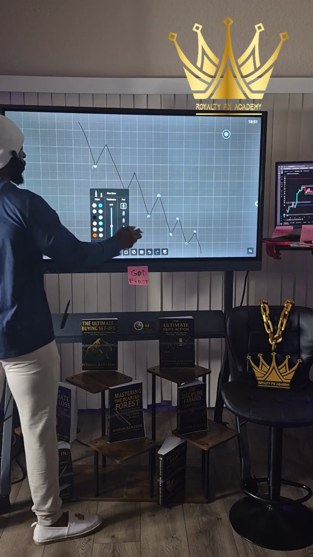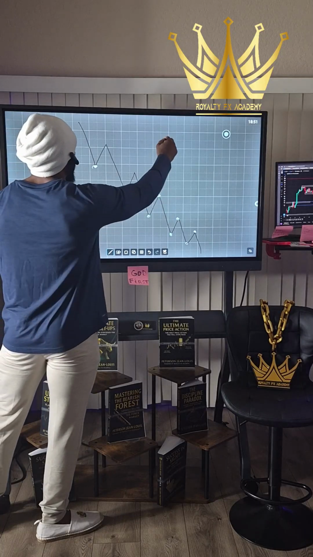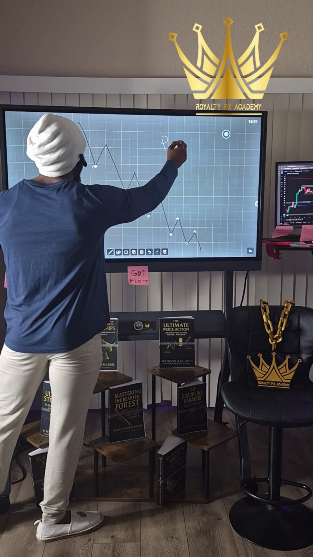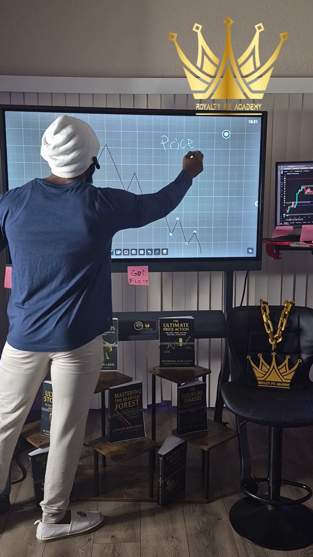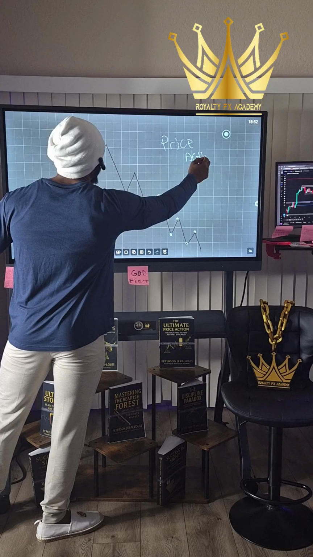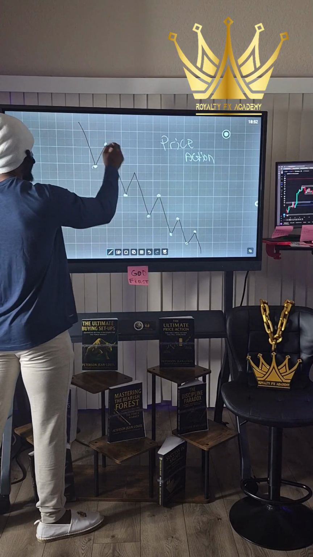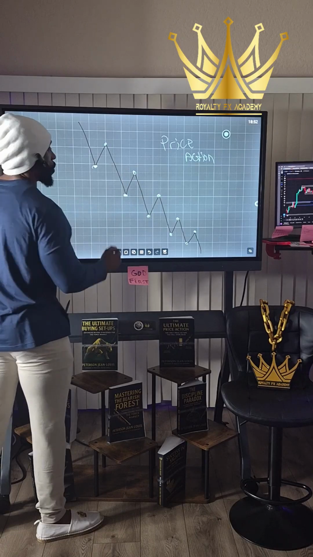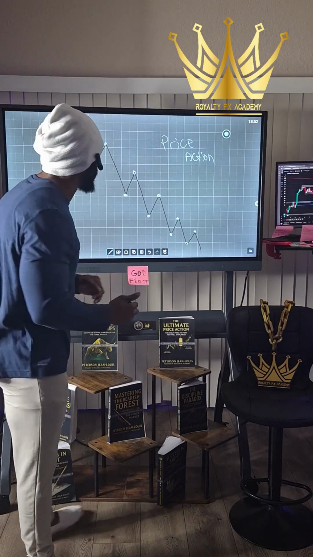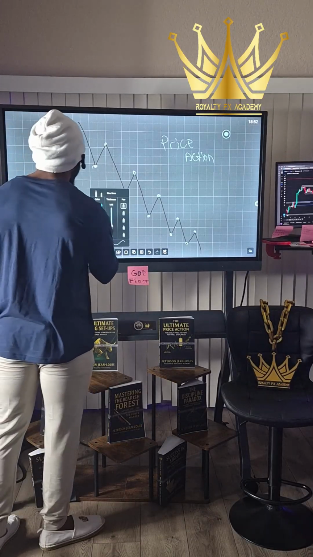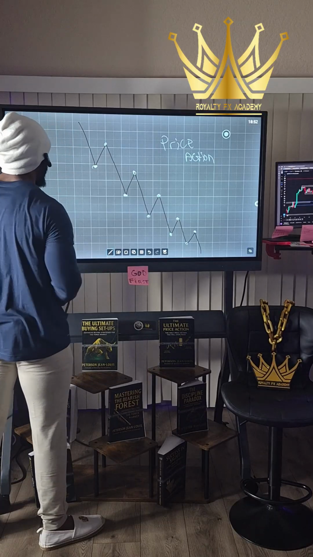A zone is created by a price action, okay? A zone is created by a price action either to fall down or to go up. At every turnaround point, there is a price action. Now, when it comes to the lower lows, I'm repeating the same thing. I want to make sure you guys understand that, okay?